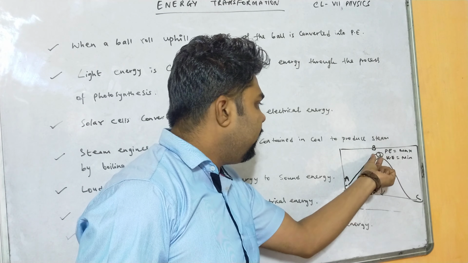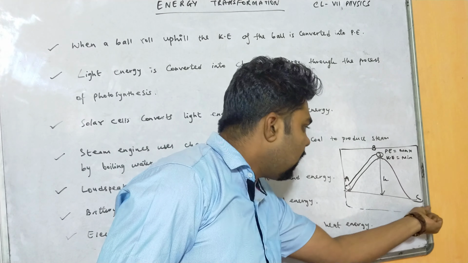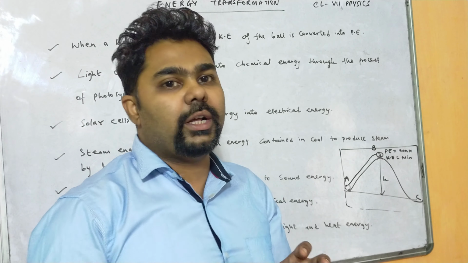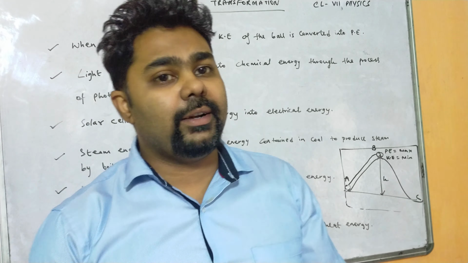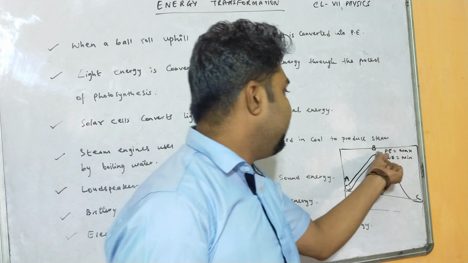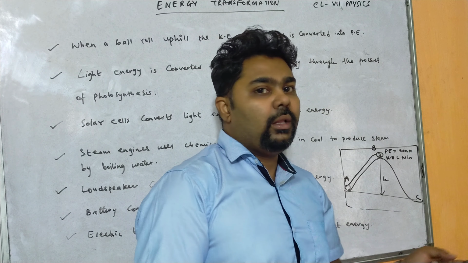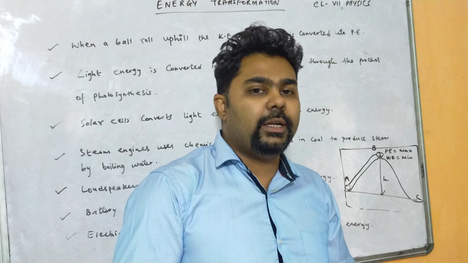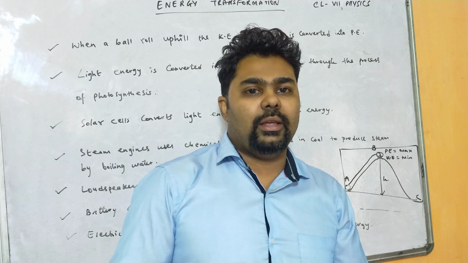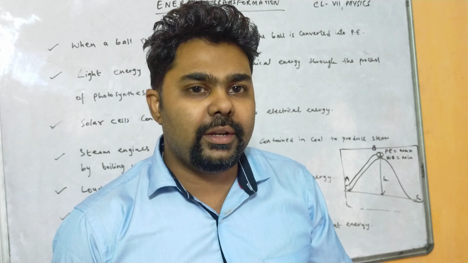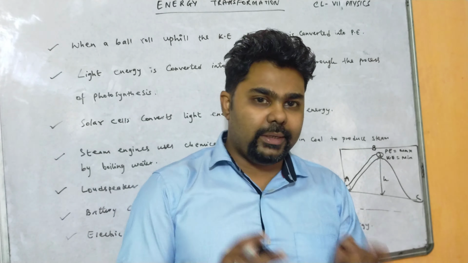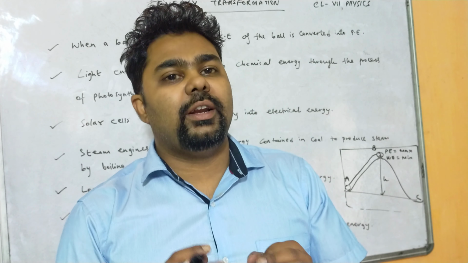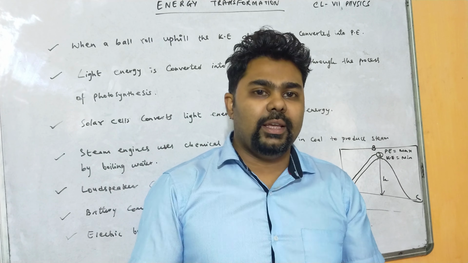Now when this ball is made to roll down the hill, what happens? Potential energy gets decreased due to reduction of height, whereas kinetic energy gets increased due to the object being in motion. Similarly, the motion continues and repeatedly potential energy becomes maximum due to increase in height and kinetic energy decreases, and when the object falls down, potential energy decreases and kinetic energy increases.